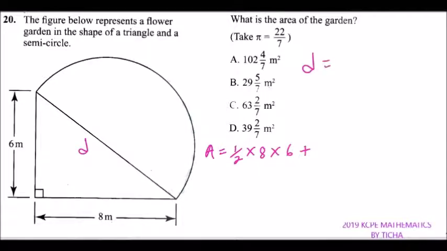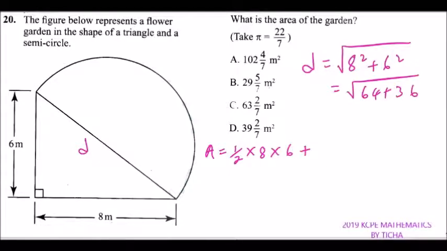So D is equal to the square root of 8 squared plus 6 squared. So this is the square root of 64 plus 36, which is the square root of 100, which is equal to 10. So the diameter is 10, meaning that the radius is 5.